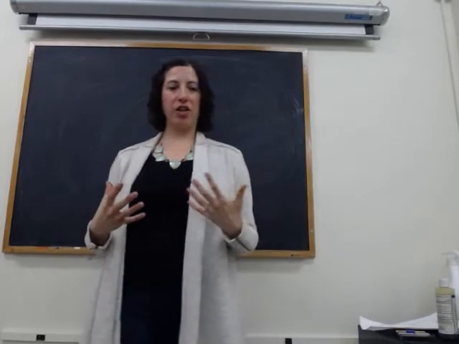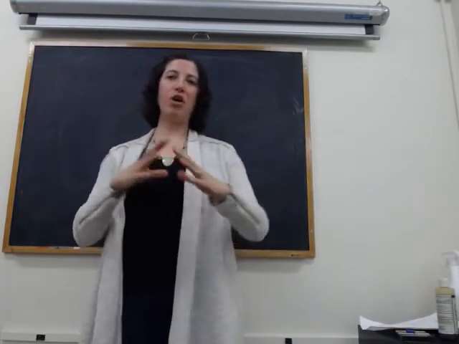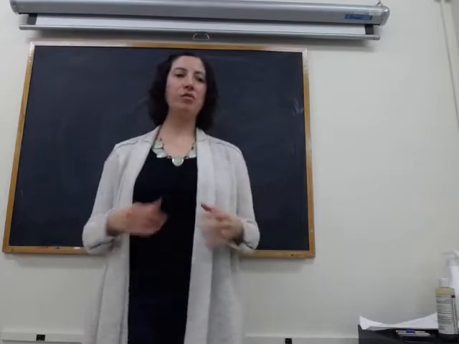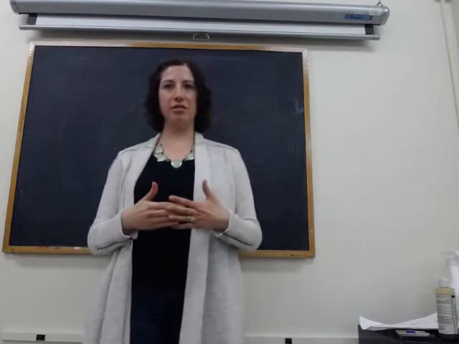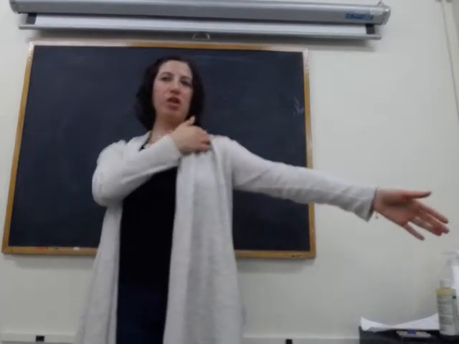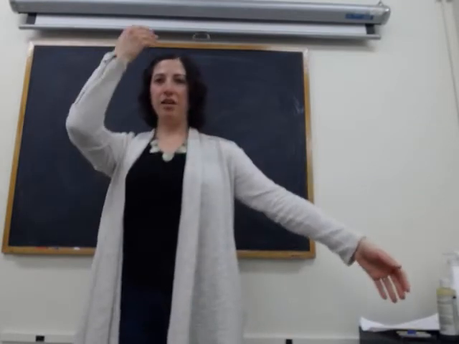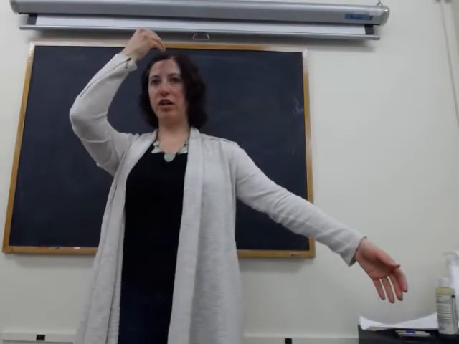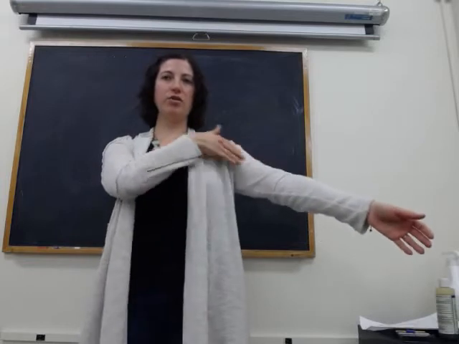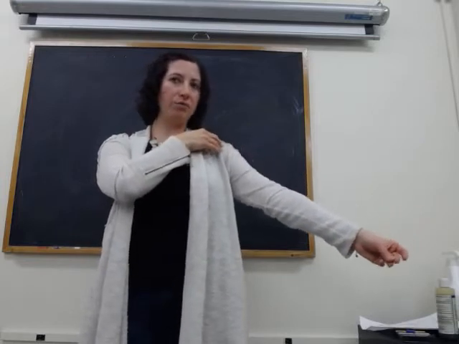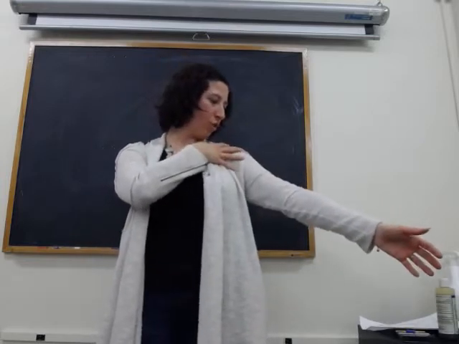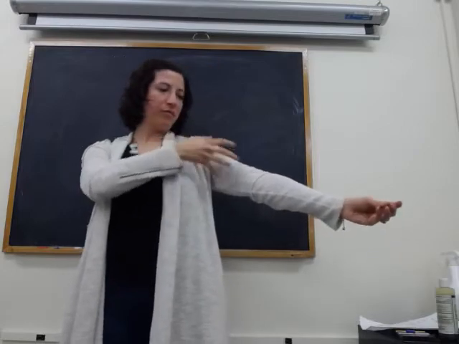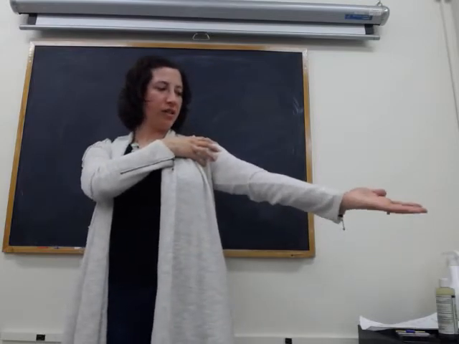A similar set of terms, but that apply only to the limbs, is proximal and distal. Proximal means closer to the midline, that midline formed by the sagittal plane, so closer to the core body within the appendage.